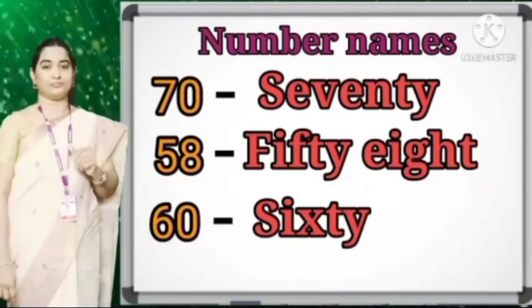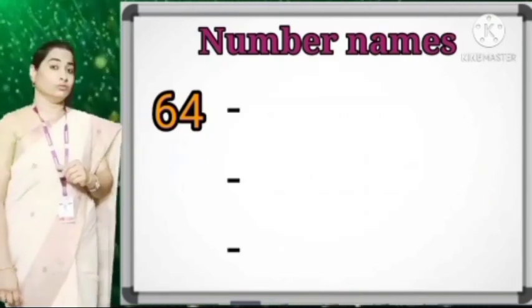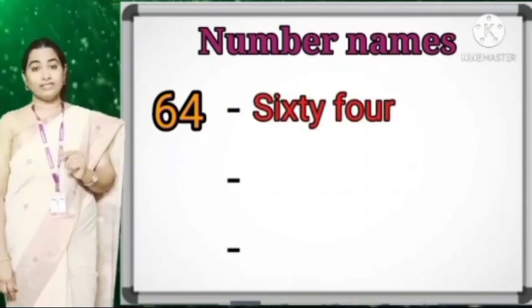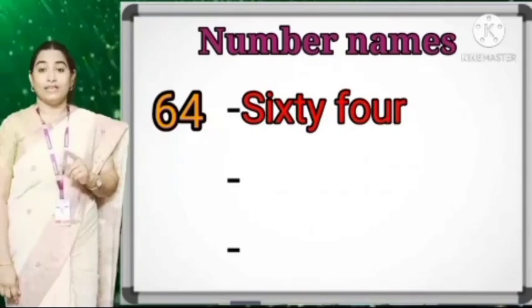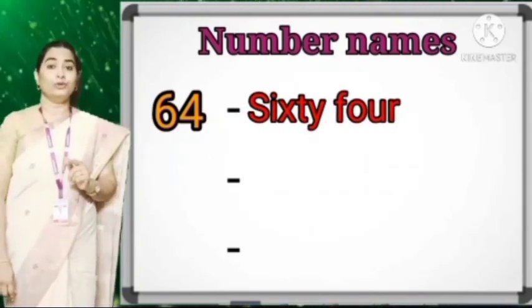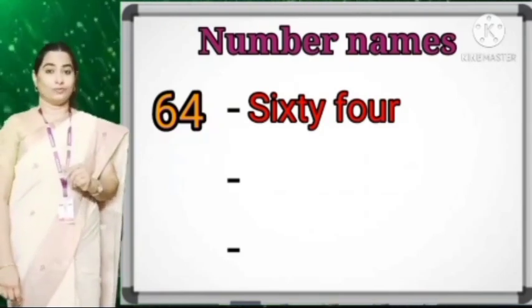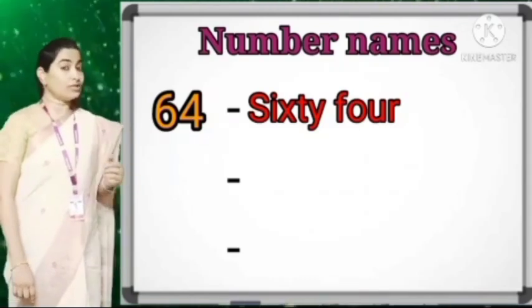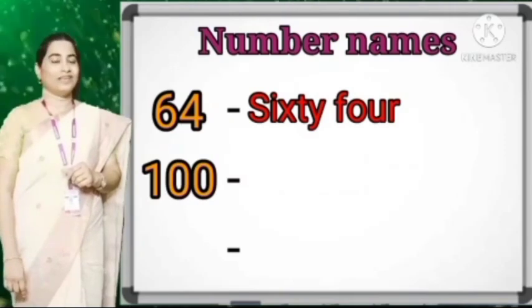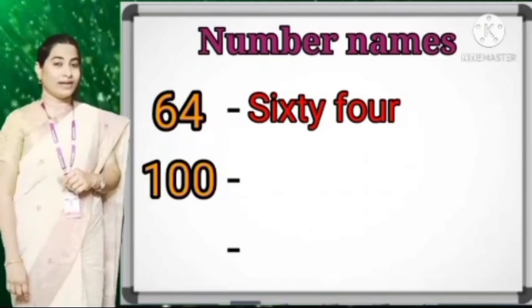Now next, it's 64. How will we write 64? Yes, S-I-X-T-Y, 64. F-O-U-R, 4, 64. Now look, children, what is the next number? The next number is 100. It's 100. So how will we write 100?